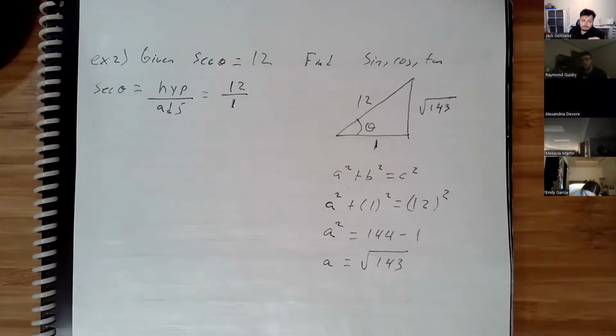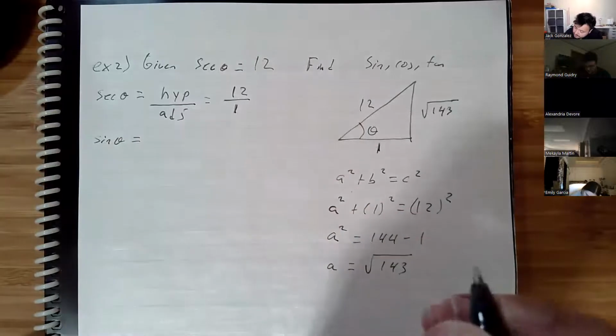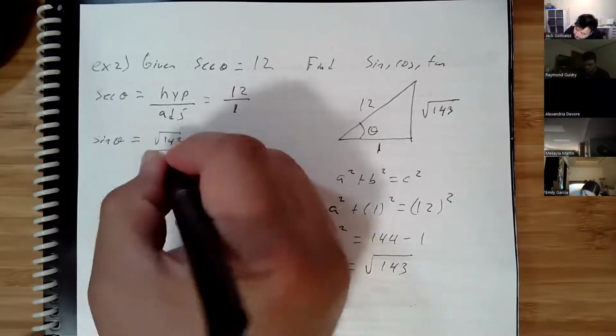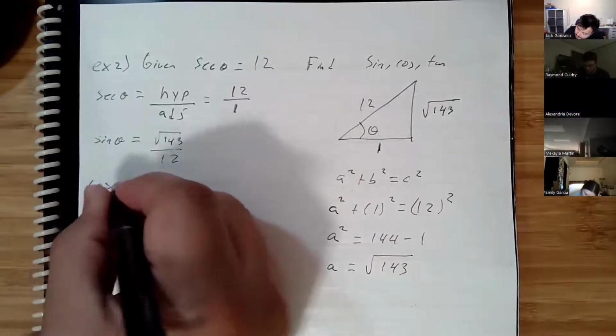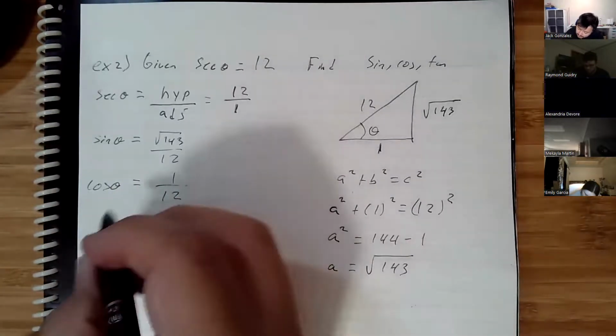So once you build the triangle, just fill in the blanks, right? Sine theta will be opposite over hypotenuse. Cosine will be adjacent over hypotenuse, which we kind of already had.